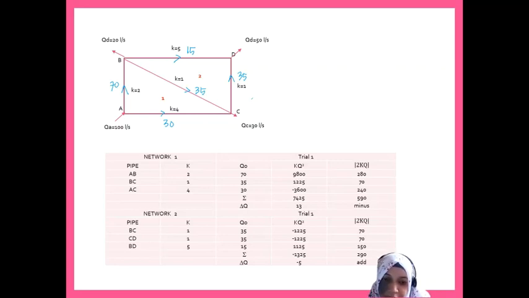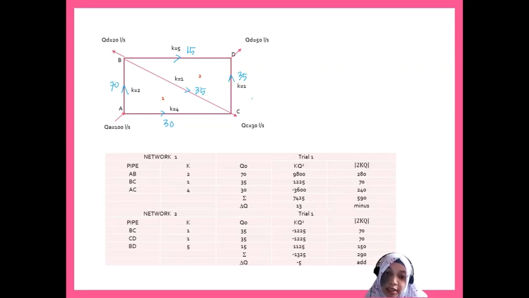Because the delta Q is positive, for the next procedure you have to continue the trial, because the value of delta Q should be 0.